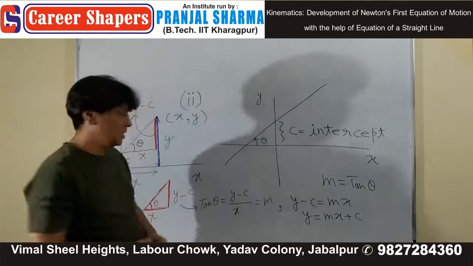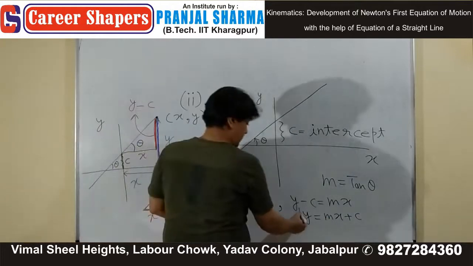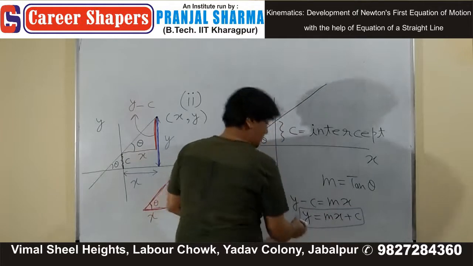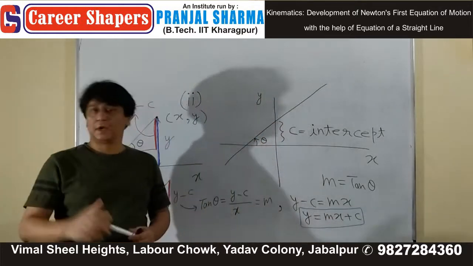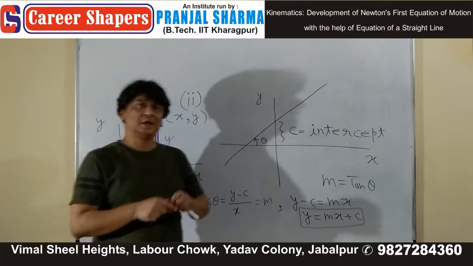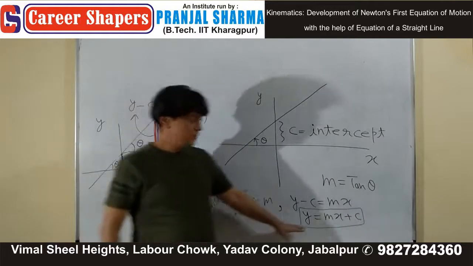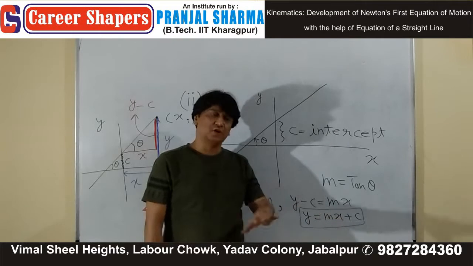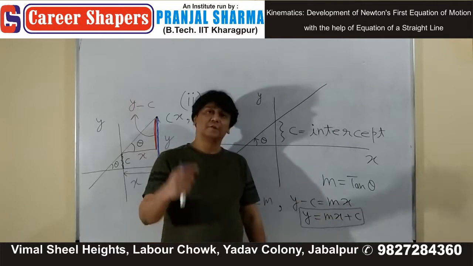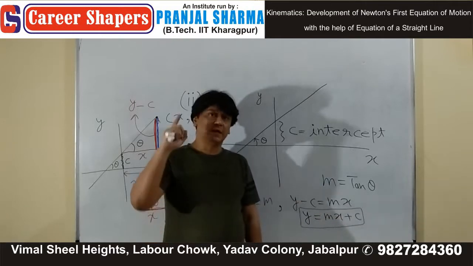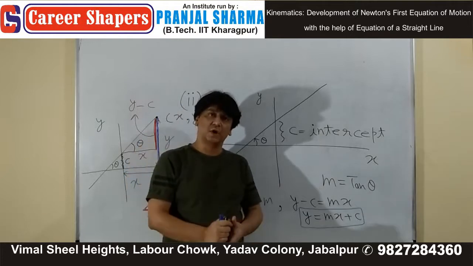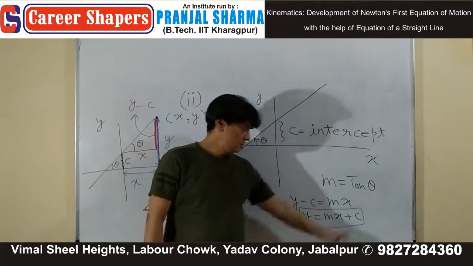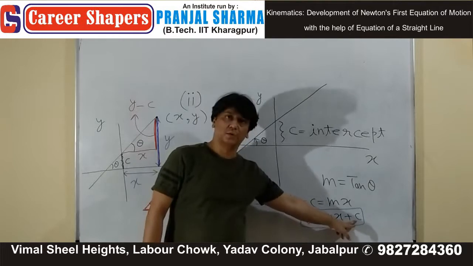This is the equation of any line whatsoever. It can pass through the origin, it cannot pass through the origin, doesn't matter. This is the equation of a straight line in very general form. If somebody tells you that he is interested in case 1, the line passing through the origin, replace c with 0.